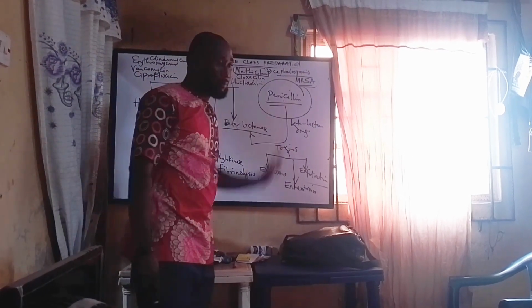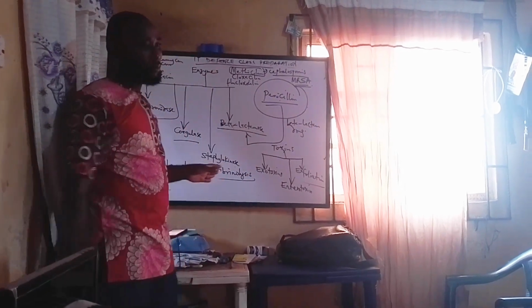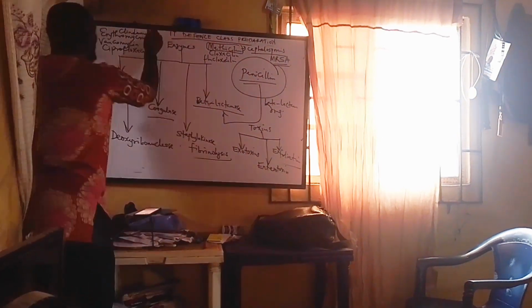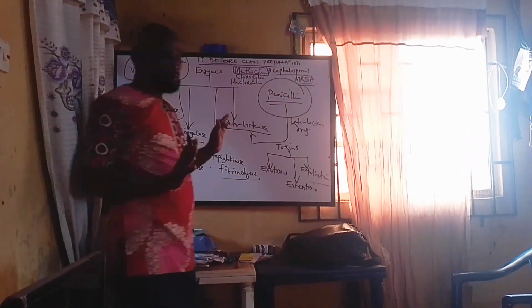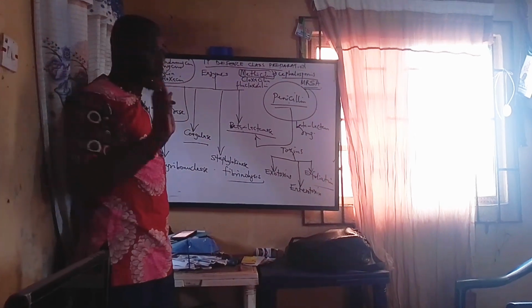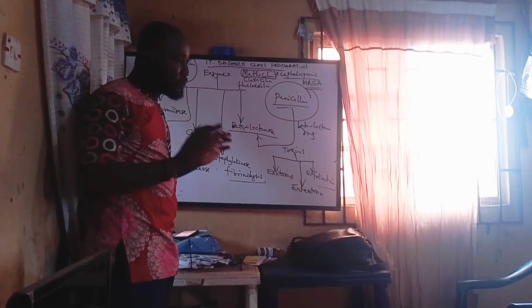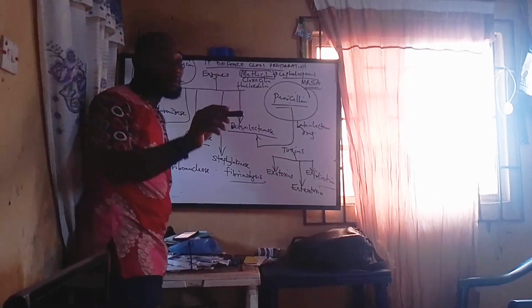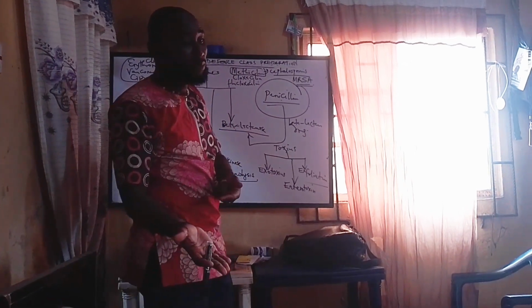This drug will not work for this particular type of Staph aureus. So to avoid all these stories, you can use this and avoid this, so that you are sure. But to be more sure, it is best you do a sensitivity test, because what works for Mr. A might not work for Mr. B, and both of them have staph.